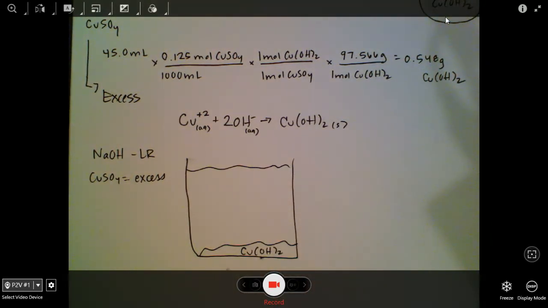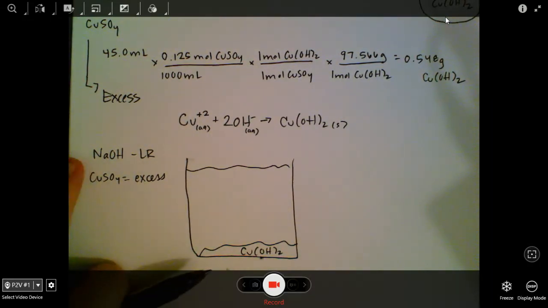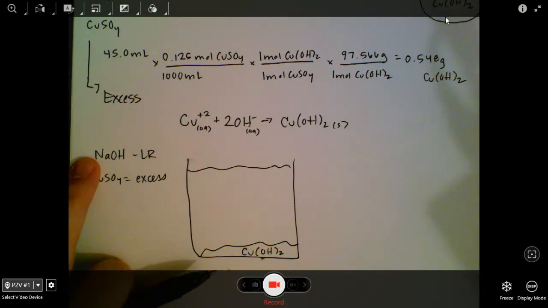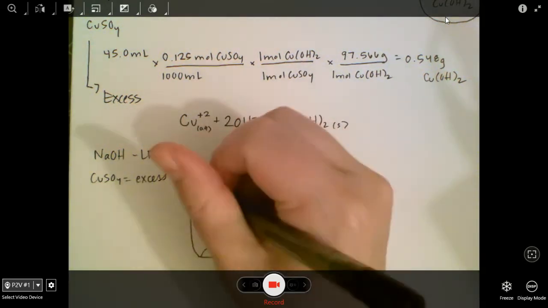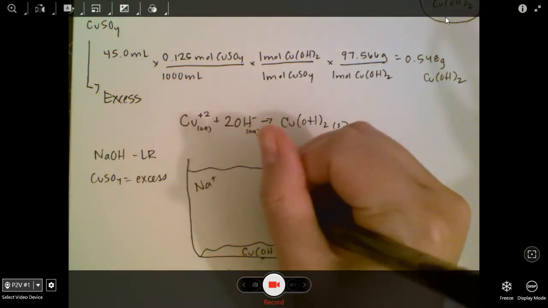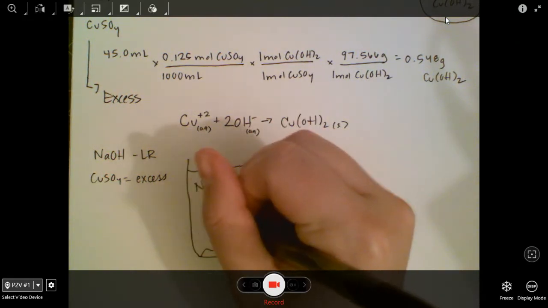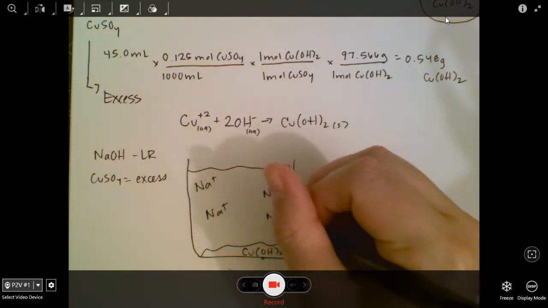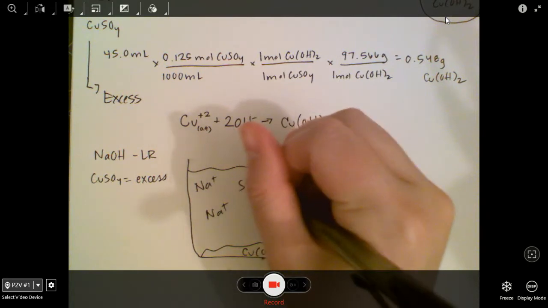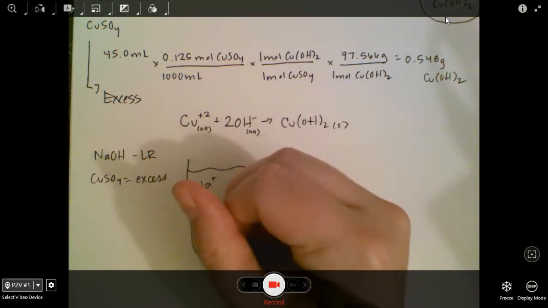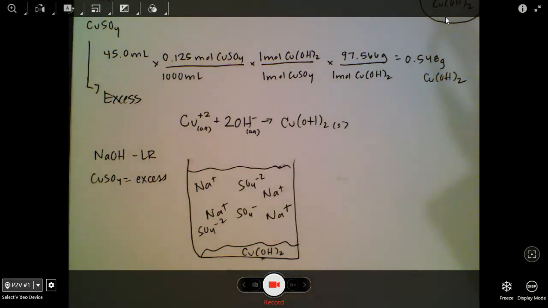Now we got to think about what's floating around in there. So in terms of quantities of stuff, we are going to have Na as a spectator ion and the sulfate as a spectator ion. And if you think about them floating around in there, I'm going to have some Na pluses in there. Okay, I'm going to have some sulfates in there, floating around as well.